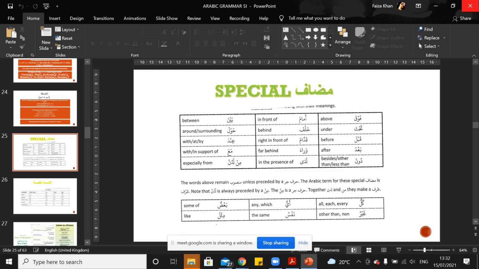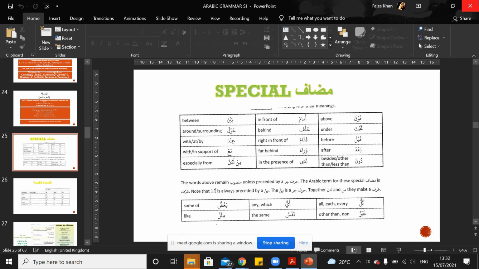There is another group of words: badun, mislun, ayyun, nafsun, kullun, and ghairun. Some words denote time and place and are called special mudaf of time and place, so they are also special mudaf. These words can take all harakat, like kullun, ayyun, badun; it could be kullan or kullin, depending on the use, because the mudaf can take any status.